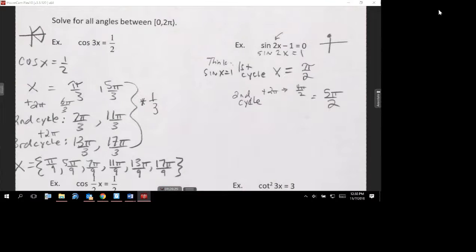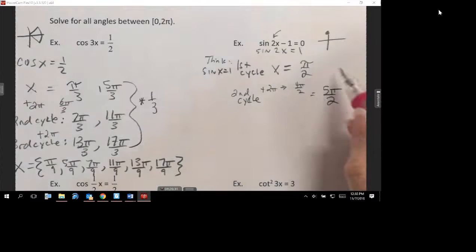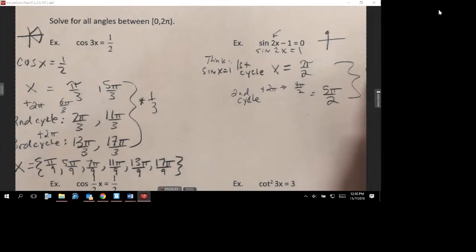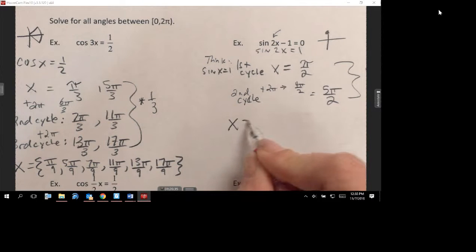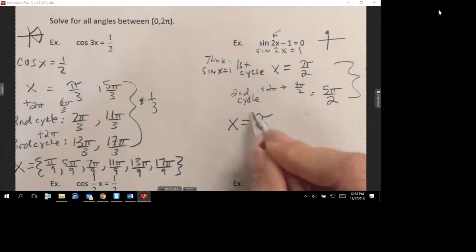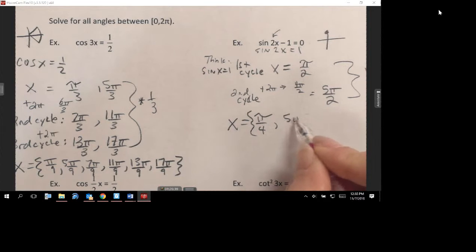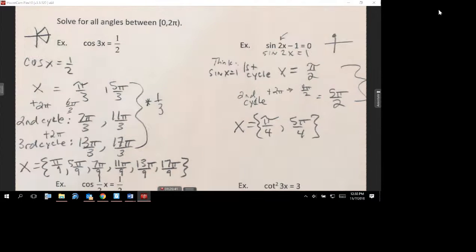But what do I have to do to those 2 full cycles? I need to shrink them. Multiply by 1/2. Perfect. So we'll take those answers, multiply by 1/2, and we'll get pi over 4, 5 pi over 4. How do we know we did it right? Get on Desmos and touch those x-intercepts and make sure that it's right.